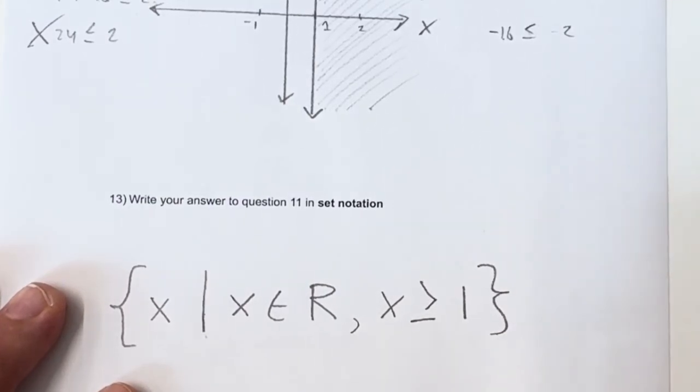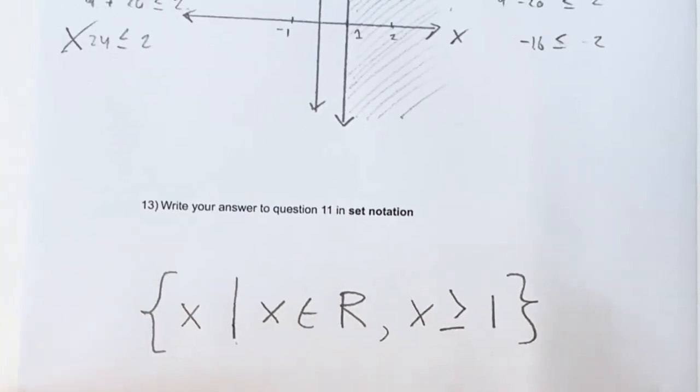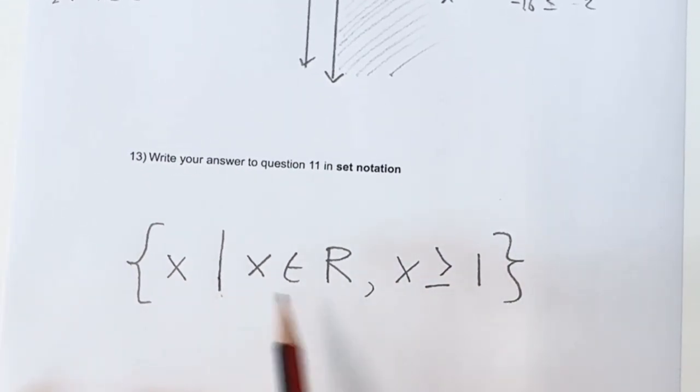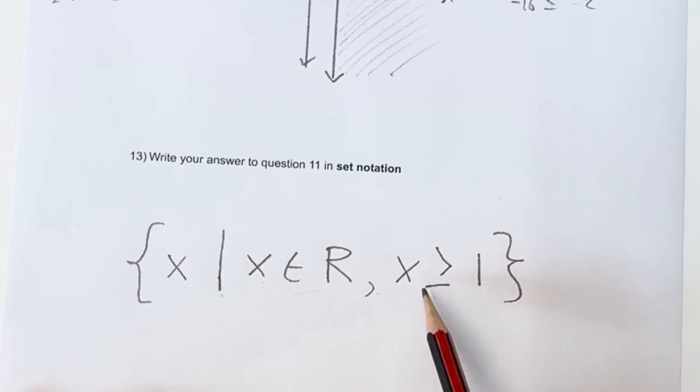That is your set. That is your set notation, okay? Once again, all you read this as is the set of all x's such that x is a real number and x is bigger than or equal to 1. And there you go. That is set notation.